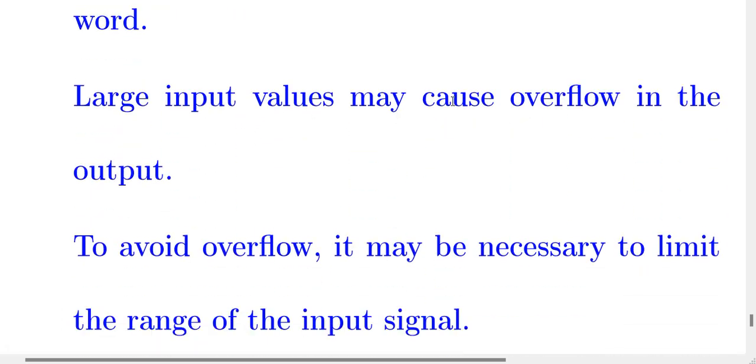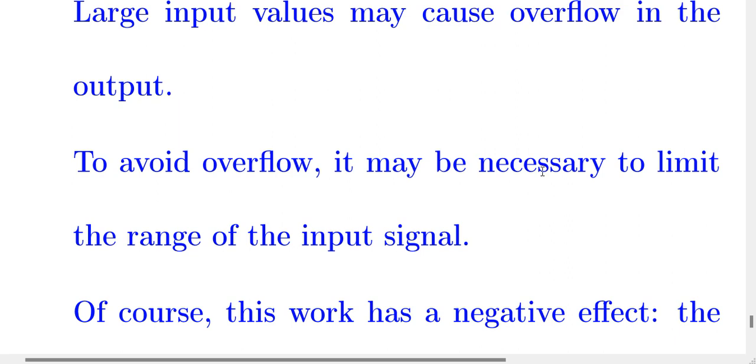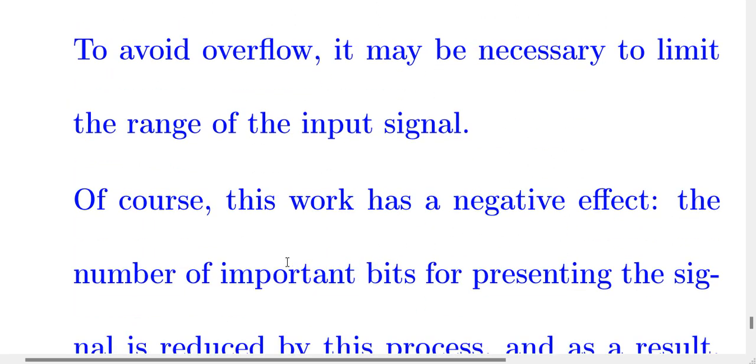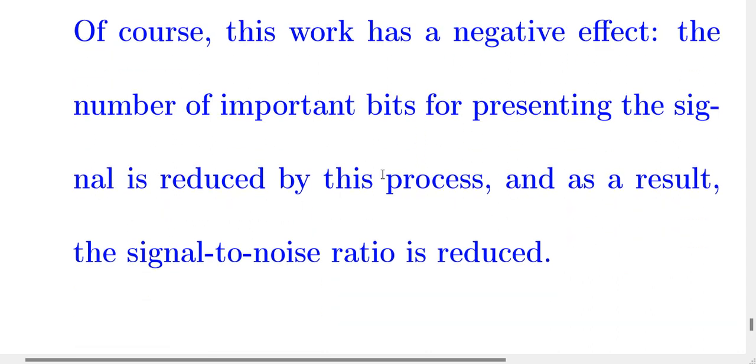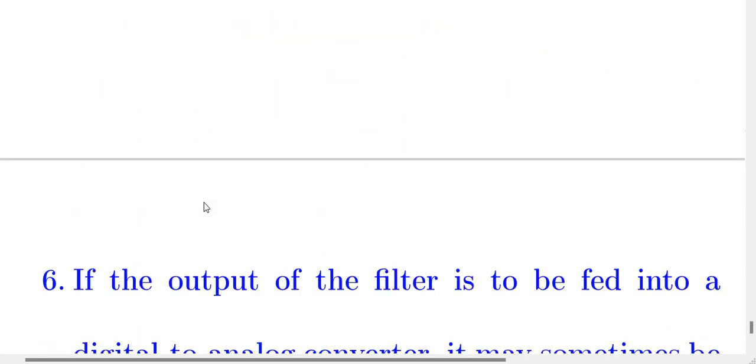Large input values may cause overflow in the output. To avoid overflow, it may be necessary to limit the range of the input signal. Of course, this work has a negative effect. The number of important bits for presenting the signal is reduced by this process, and as a result, the SNR is reduced.